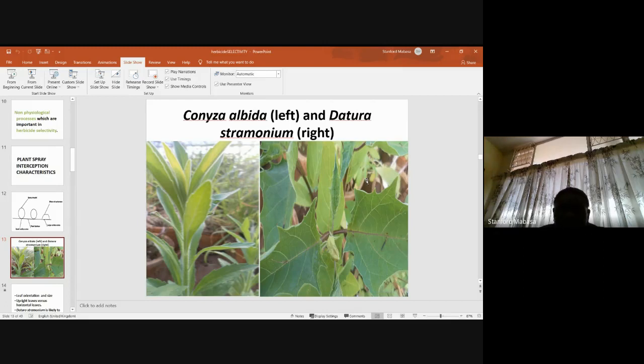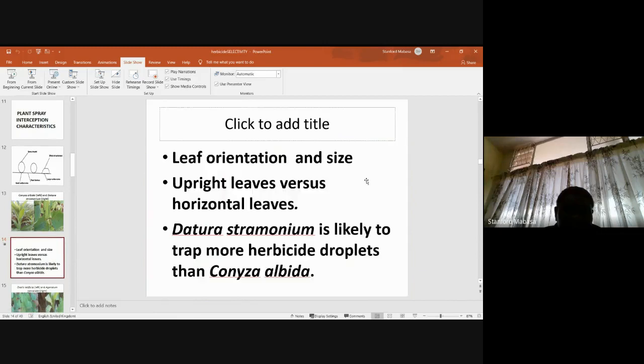On the right, just check those broad leaves of Datura stramonium. And on the left, we have hairy leaves, which are almost perpendicular to the stem of Coniza arbida.